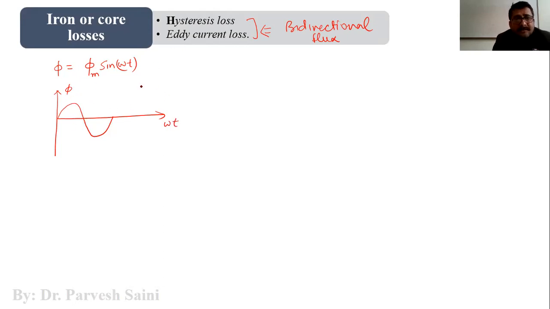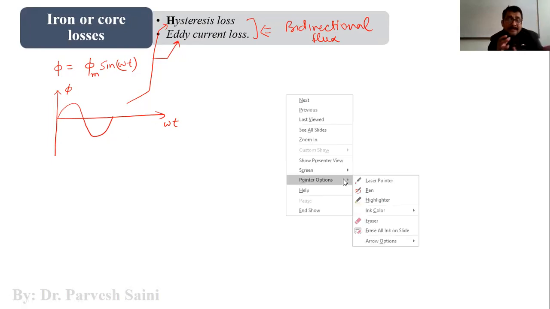This flux leads to hysteresis and eddy currents in the iron core of the transformer. Now, what is hysteresis? Let us understand hysteresis and the hysteresis loss.